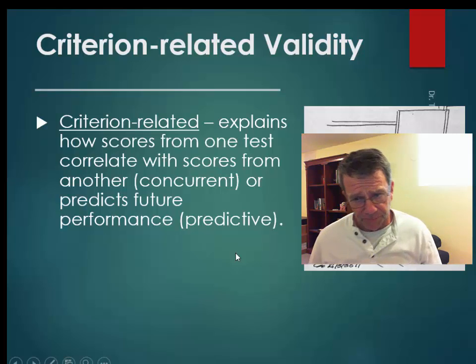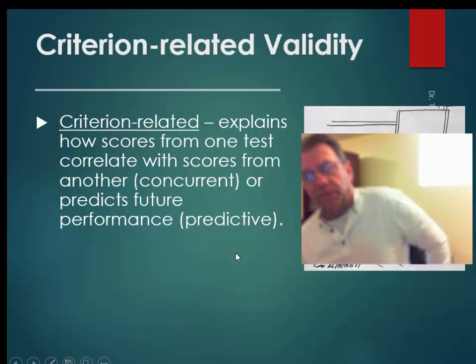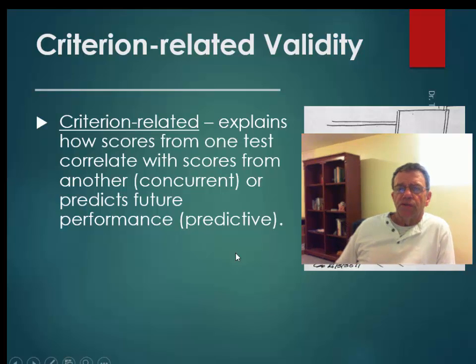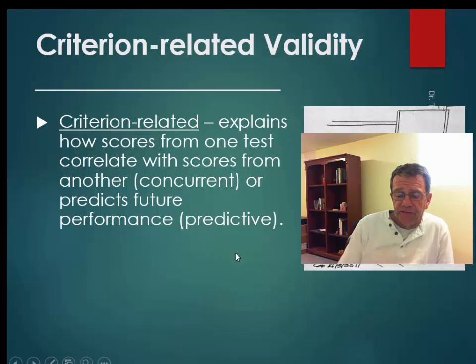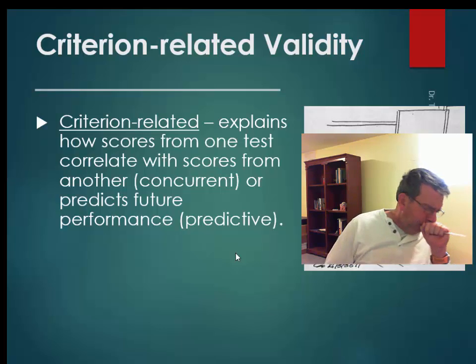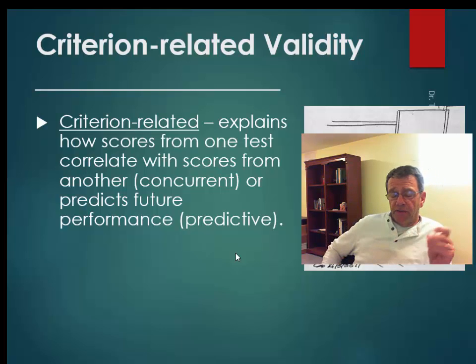The other type of validity is criterion-related validity, which explains how the scores from one test correlate with scores from another. In other words, if I wanted to see if my teaching style survey had criterion-related validity or concurrent validity, I would have compared it to another teaching styles survey, but there weren't any, so I couldn't do that.